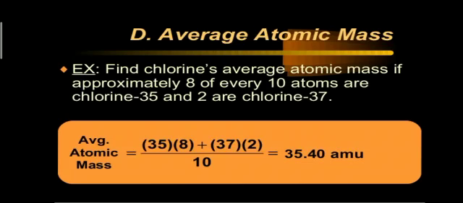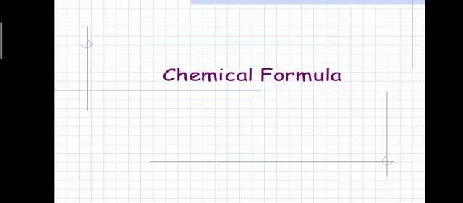According to the formula, average atomic mass is equal to the mass of chlorine 35, which is 35, into the percentage abundance, which is 8, plus the mass of chlorine 37, which is 37, the isotope of chlorine, into the percentage abundance, which is 2 out of 10 parts. Here we are given the parts, so we divide by 10. So we multiply, add and divide, and we get the answer 35.40 AMU.